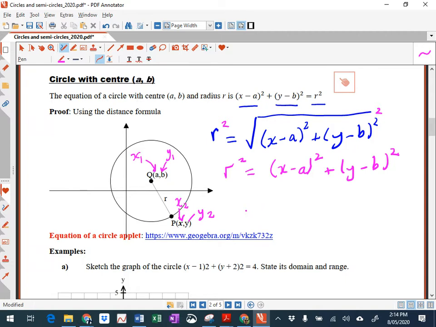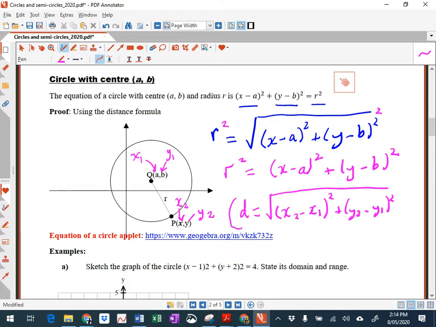Remember the distance formula says d is equal to the square root of (x2 minus x1) all squared plus (y2 minus y1) all squared. So that's the formula that I use for the proof.